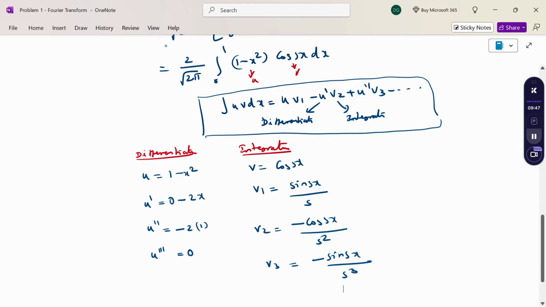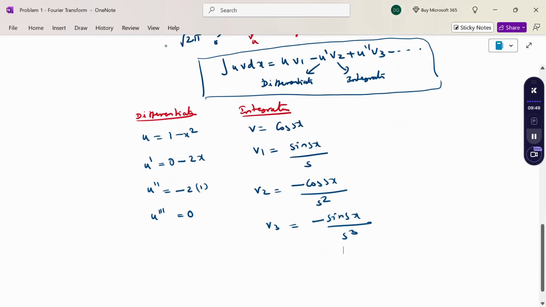Now use the formula. What is the formula? u v1 minus u dash v2 plus u double dash v3. So u v1, u dash v2, u double dash v3, other terms are 0 because u triple dash is 0, 2 by 2 pi square root.